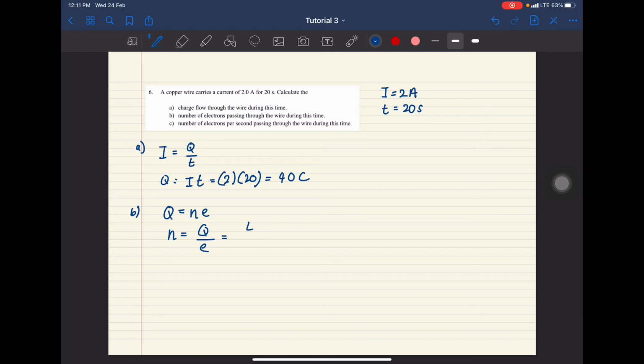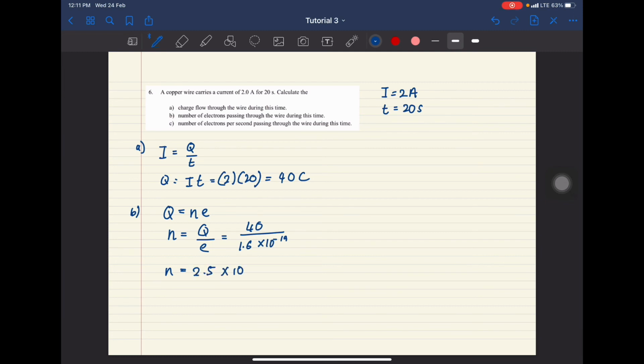It will be 40 divided by the constant charge, which is 1.6 times 10 to the power of negative 19. Press your calculator and you should get 2.5 times 10 to the power of 20.